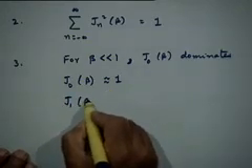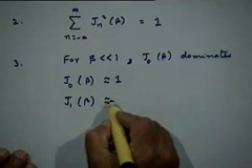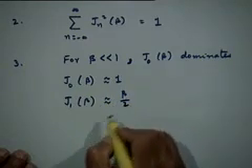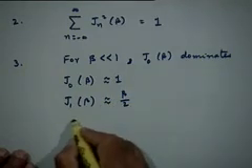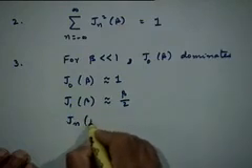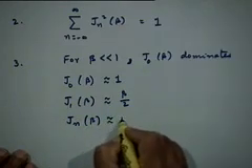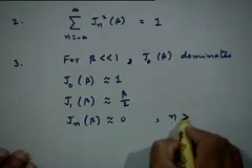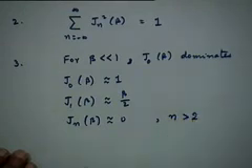J1 beta is approximately equal to beta by 2, and Jn beta is approximately equal to 0 for n greater than or equal to 2, let us say. What does this mean?